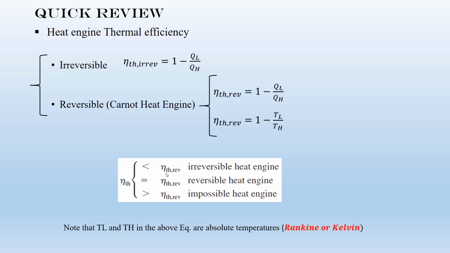And if the thermal efficiency of the given heat engine is higher than that of the Carnot heat engine, then it's impossible. It's impossible, guys, to actually make this heat engine. Keep in mind that in these equations all temperatures are absolute temperatures. You need to use Rankine or Kelvin temperature here.